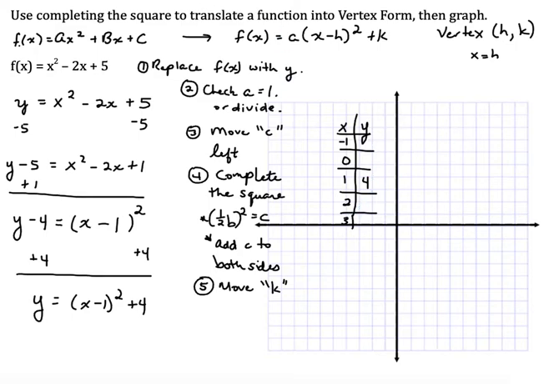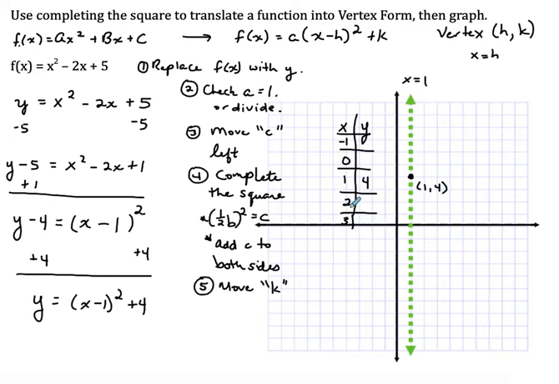Let's plug in some of this information to graph it. My axis of symmetry is at x equal to 1, and my vertex is 4 up along that axis, at (1, 4).